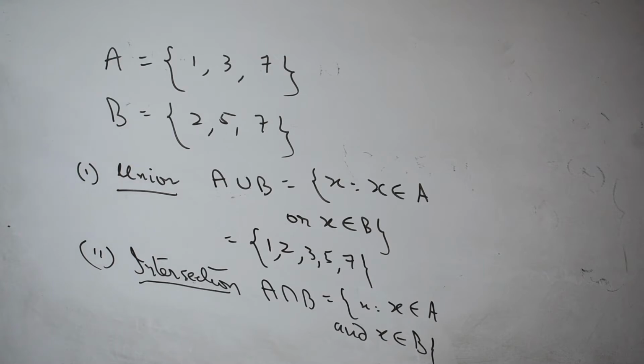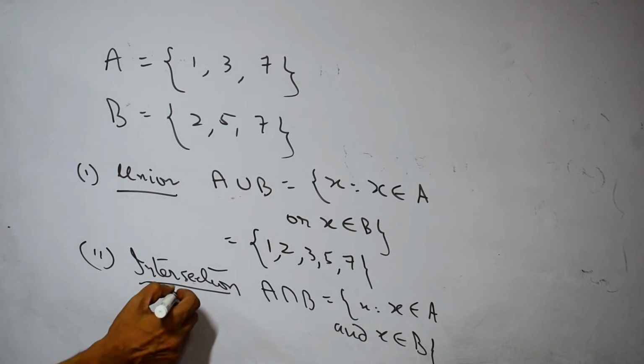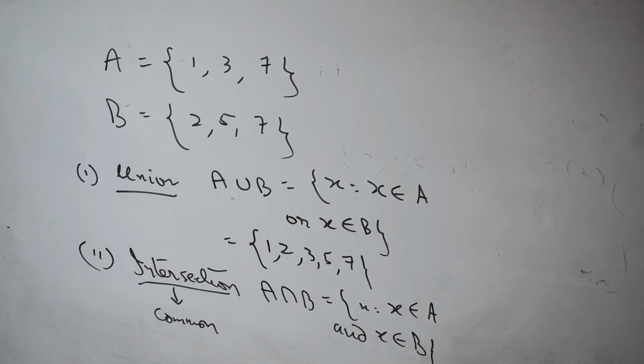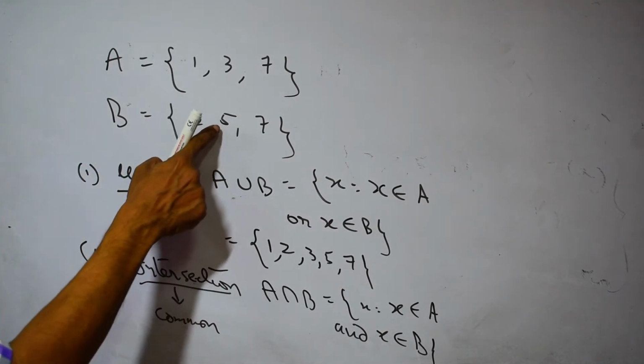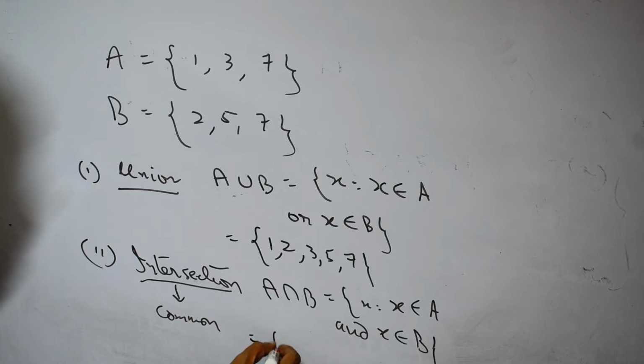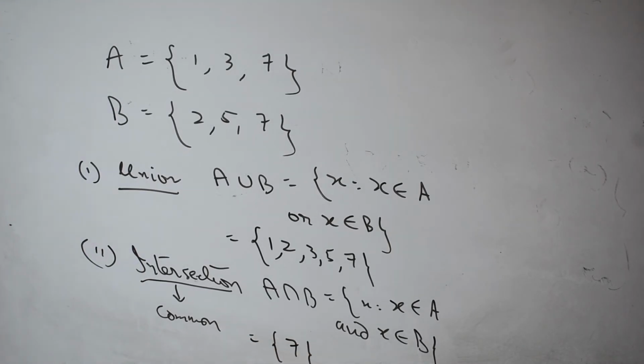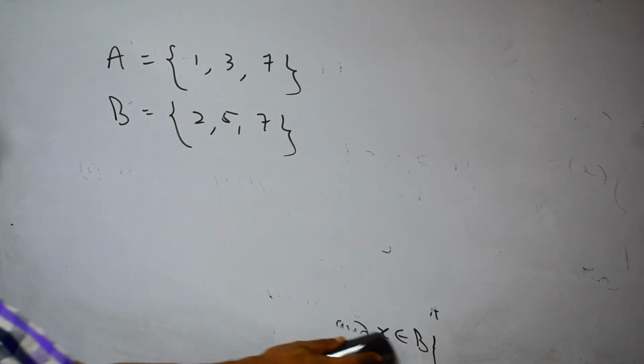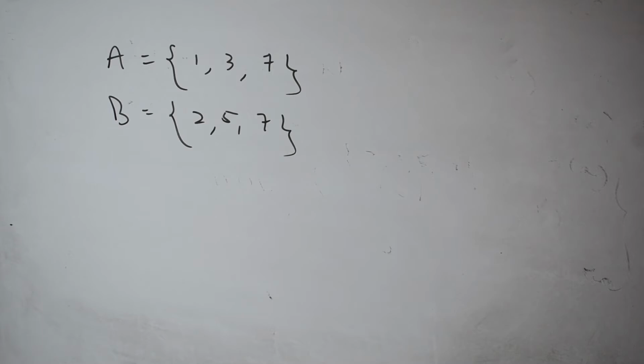Union means all elements of A and B, but intersection means common, the elements which are common in A and B. In this example, we find that 7 is common. So A intersection B is 7. So union means to join two or more sets as a single set, and intersection means to take the common elements.